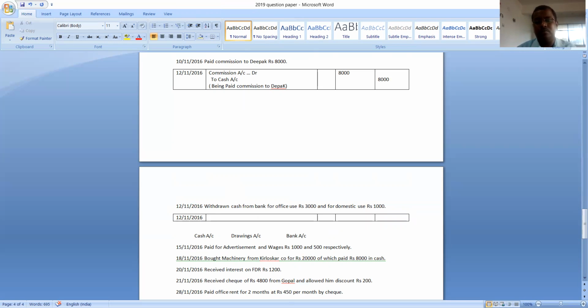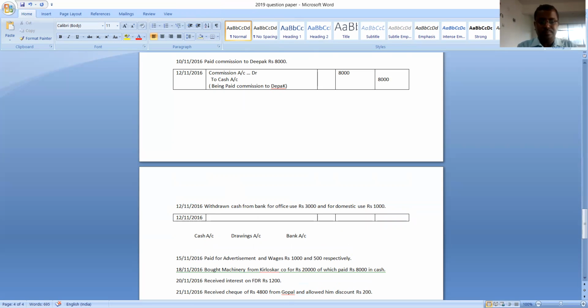Like this, totally three accounts will come. One is cash account, withdrawn cash from bank for office use. It means cash is coming into the business, so one is cash account. And for domestic use it is a drawings account, and from whom we are withdrawing? From bank. So let us see these accounts belong to which category. Cash account is which account? It is a real account.